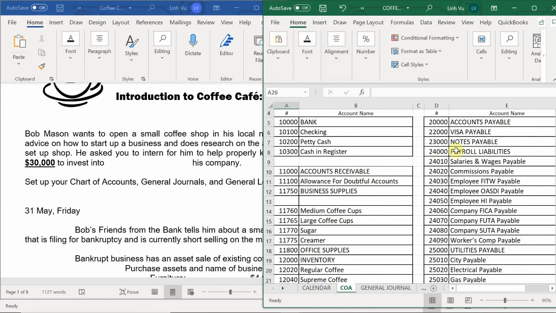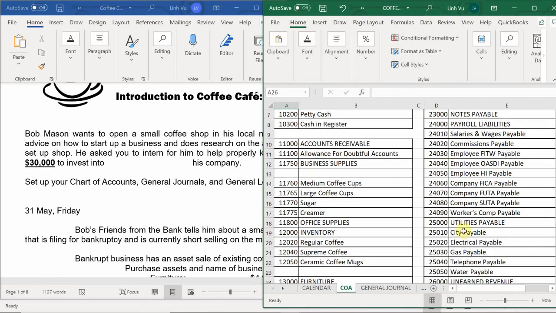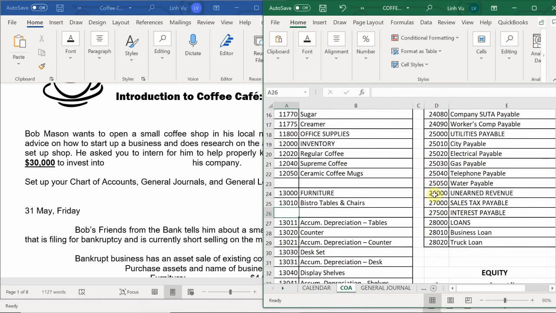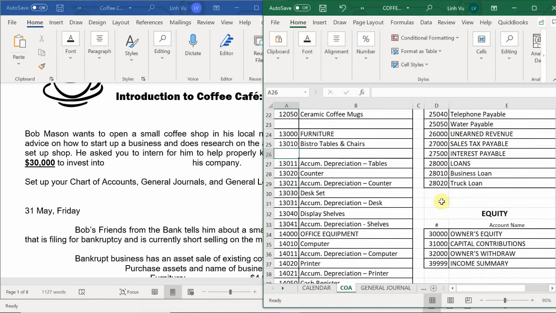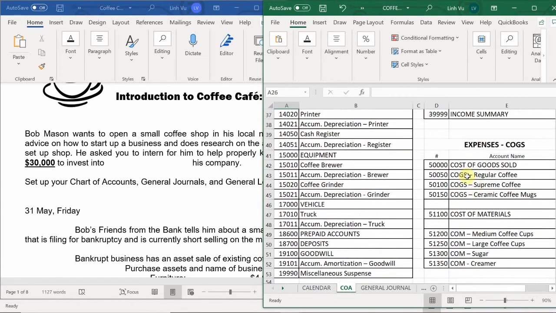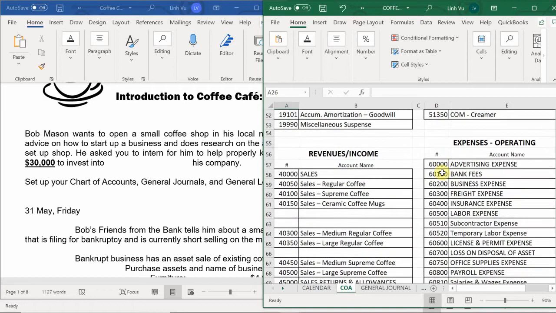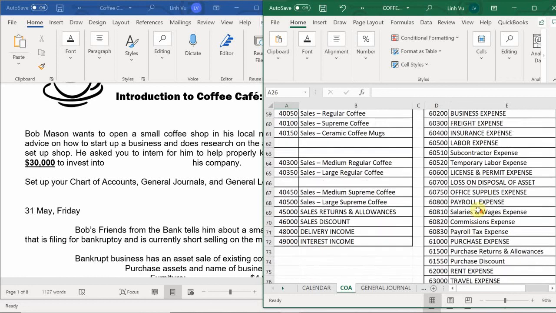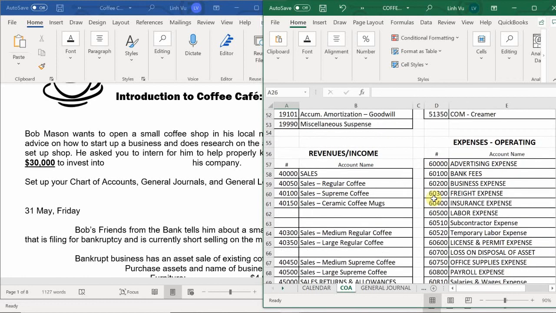We're going to have a bunch of liabilities that we're going to be looking at, such as notes payable, accounts payable, even as far as a loan, plus all the federal taxes that we are going to be owing, and also sales tax. We're also going to be taking a look at the possibilities of revenues that we can earn. What are we going to sell in this store? And on top of that, what are the expenses that will be there?